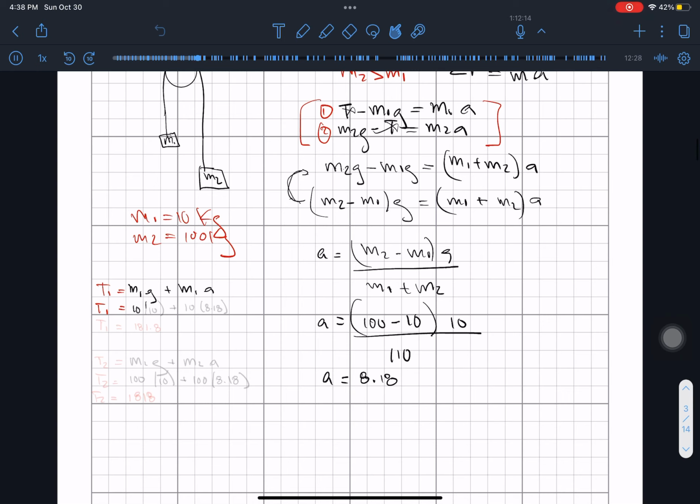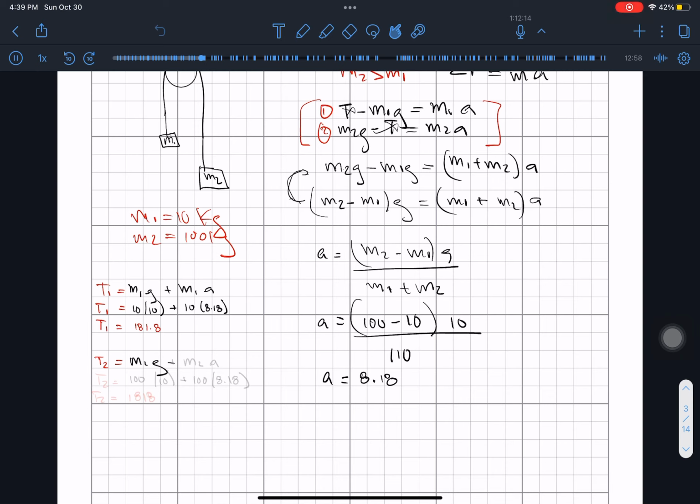We said it was 10, times 10 plus 10 times the acceleration, which is 8.18. So the tension for object 1 is going to be equal to 181.8.